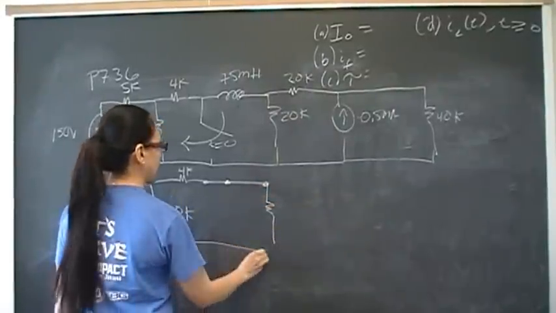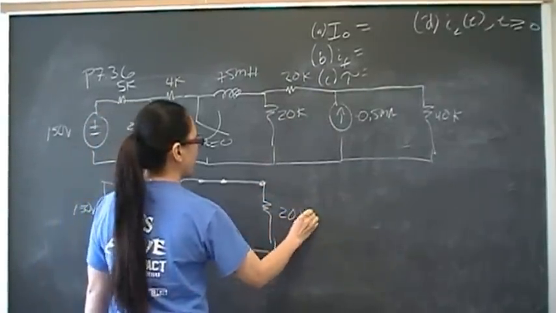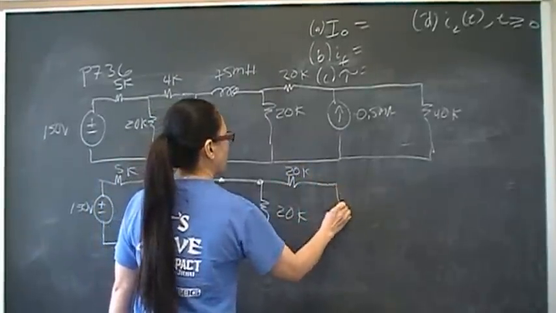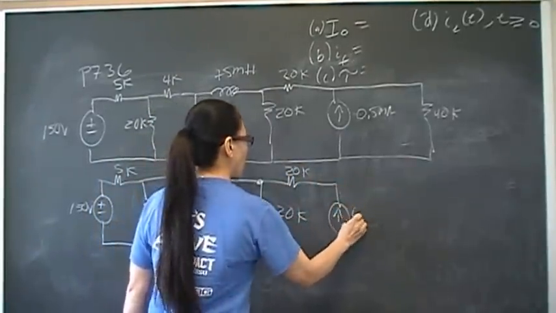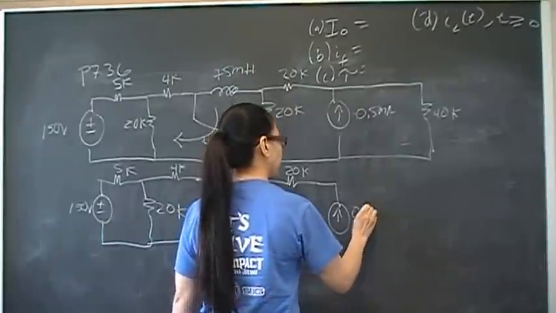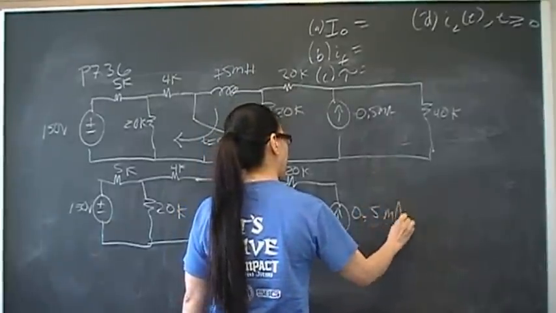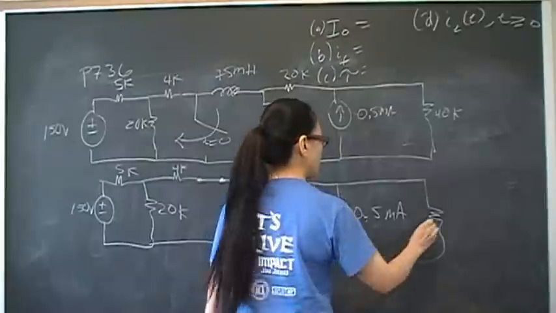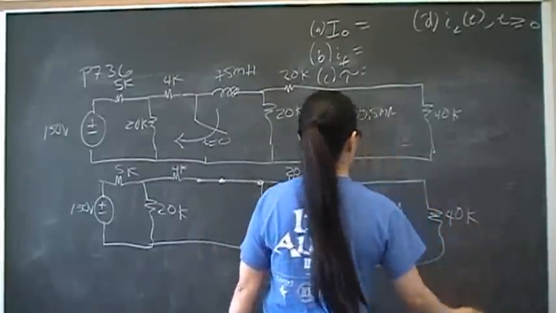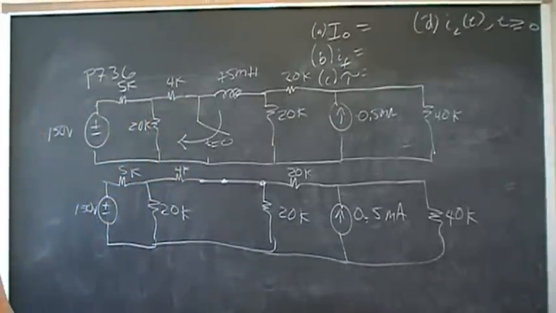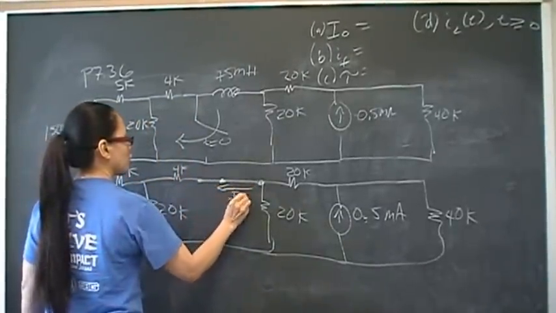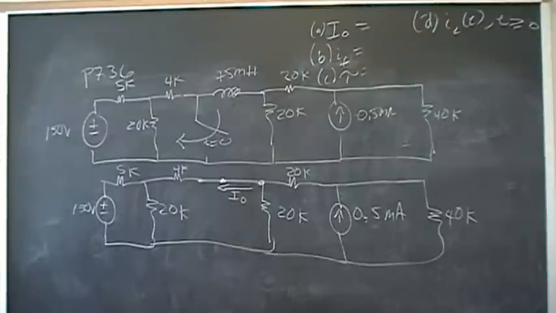Then we have here the 20K resistor, and the 0.5 milliamp independent current source, and then the 40K resistor.